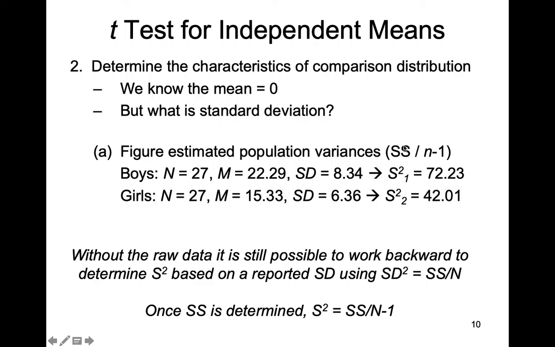So we can figure out the sum of squares if we know what a standard deviation is, and then we just divide by degrees of freedom, and that will give us an estimate of population variance. So the short of it is, if you know the standard deviation as a descriptive statistic, you can work backwards and determine the estimate of population variance. I've just done that for you, and that's what this point was.